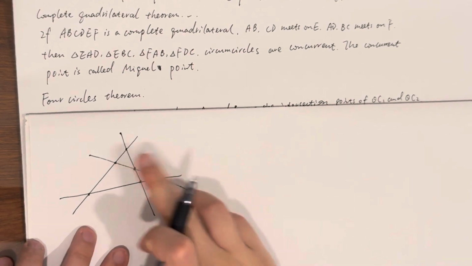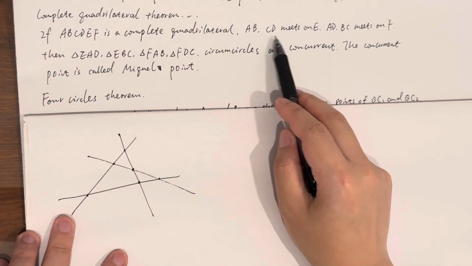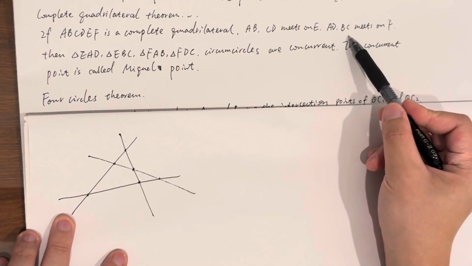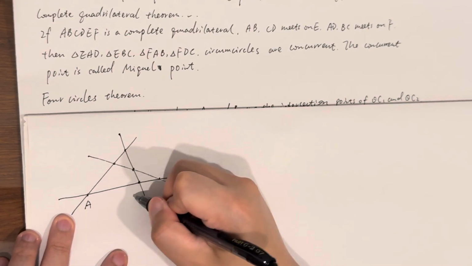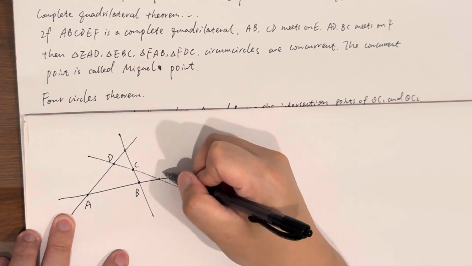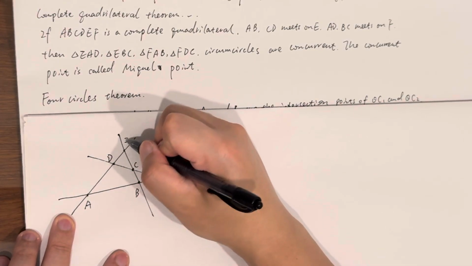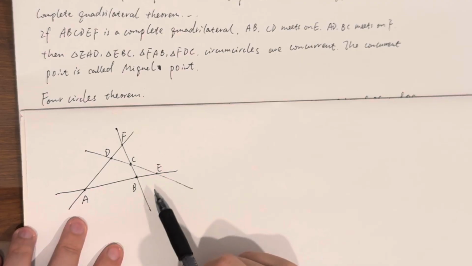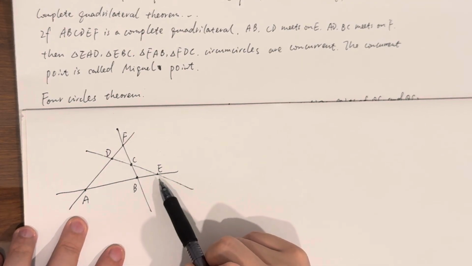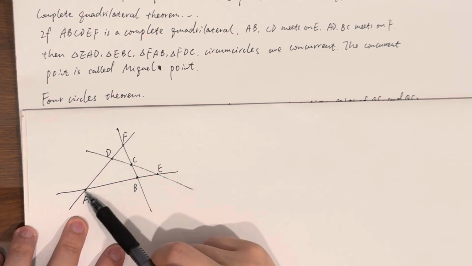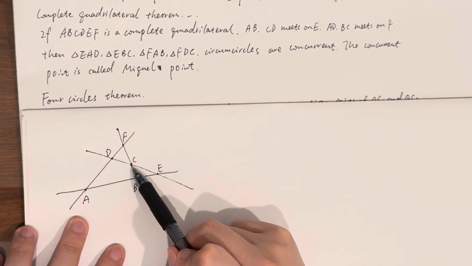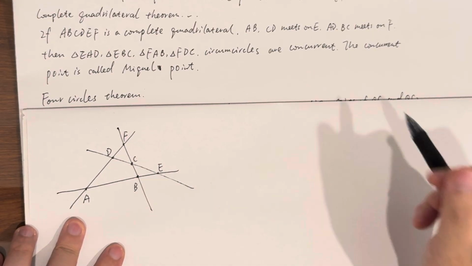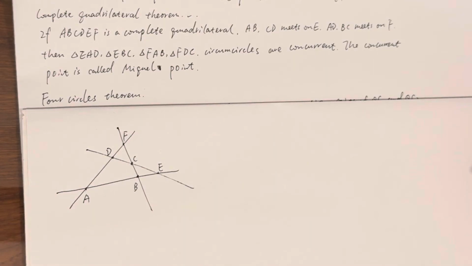Okay, so this is a complete quadrilateral, and we know that AB and CD meet at E, and AD and BC meet at F. Then the circumcircles of triangle EAD, triangle EBC, triangle FAB, and triangle FDC are concurrent, and the concurrent point is called the Miquel point.